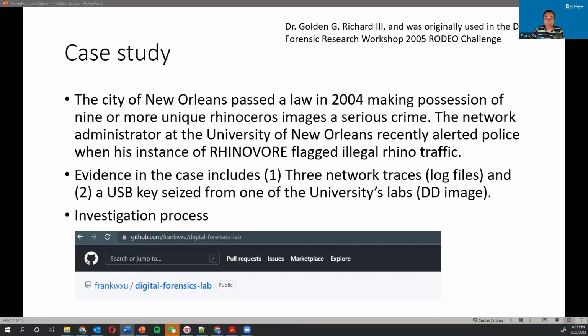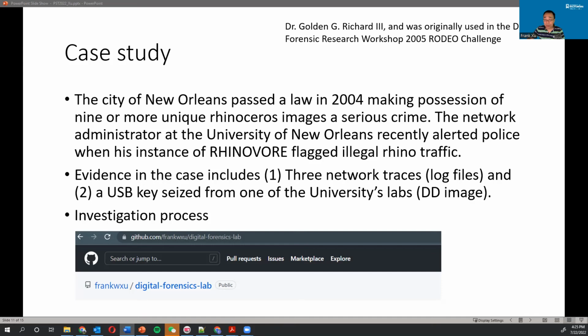The city of New Orleans passed a law in 2004 making possession of 9 or more unique rhino images a serious crime. The network administrator at the University of New Orleans recently alerted police when his intrusion detection system flagged illegal rhino traffic.